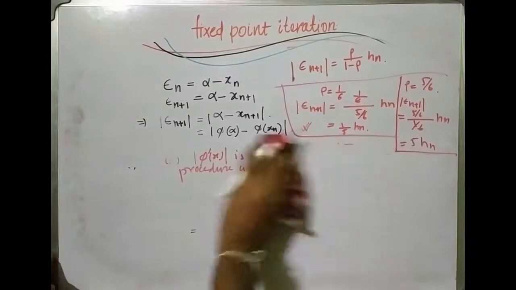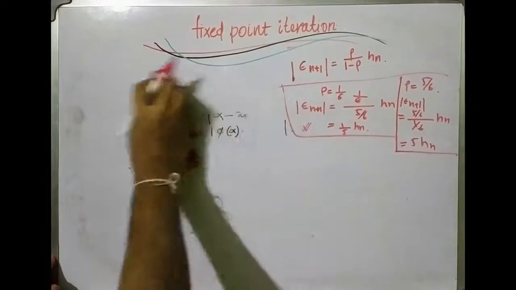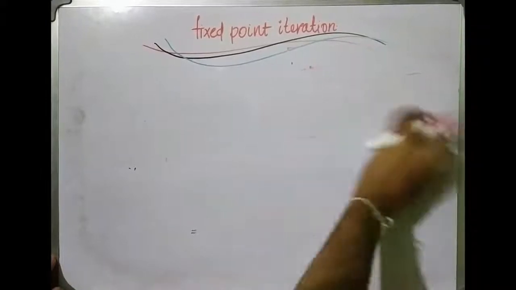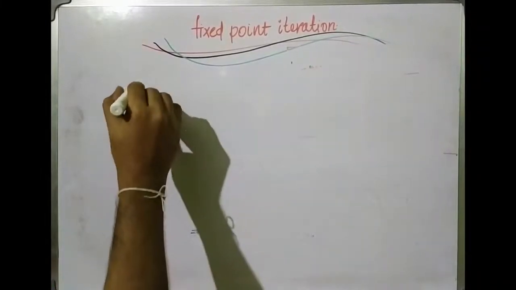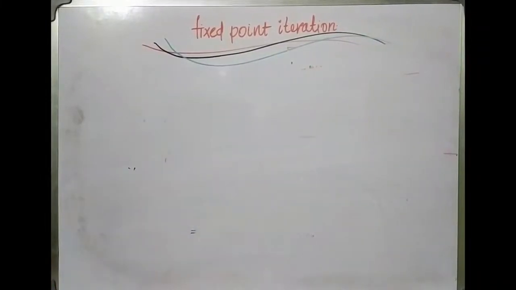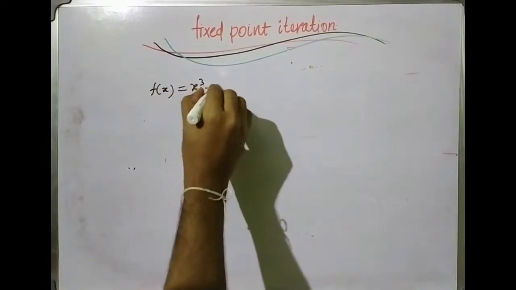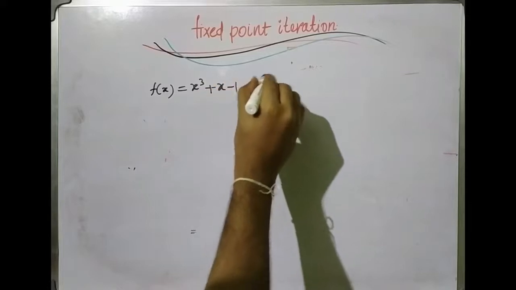Now I want to give an example that I have previously taken. If you see my first video on fixed point iteration, you will find that there was a function f x equal x cube plus x minus 1.